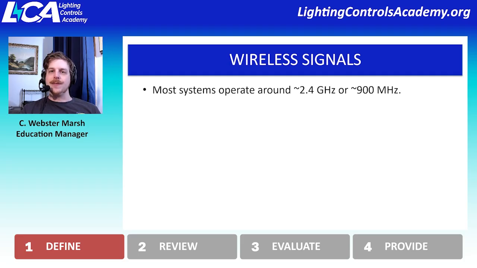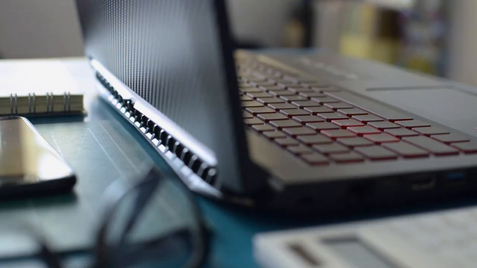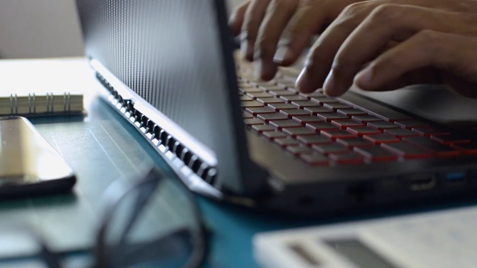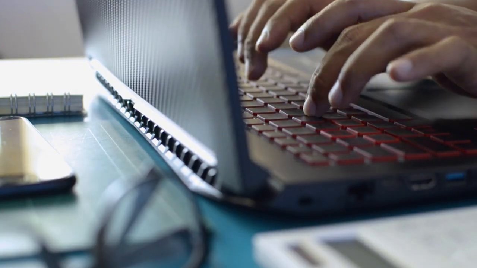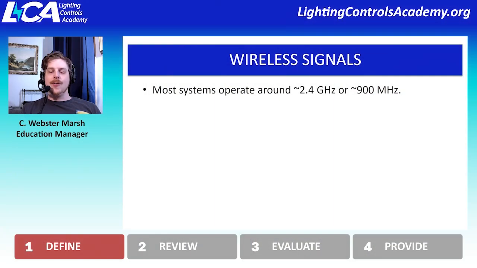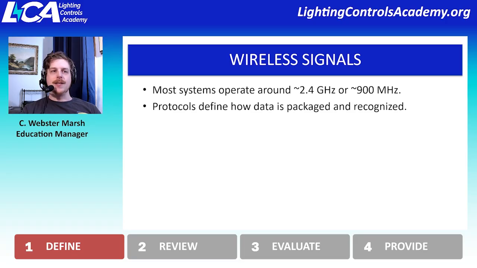A lot of manufacturers vary on exactly which frequency waveband they work on, so it might be worth asking them which waveband they work on, and there are pros and cons to either of these wavebands. 2.4 gigahertz tends to share the same airwaves with Wi-Fi and Bluetooth, and so if you're dealing with a saturated space that has a lot of Wi-Fi already in it, it might actually be better to go to a 900 megahertz frequency, or if you know that the space is actually not as intense for its wireless communication, 2.4 gigahertz might be just fine. It really depends on the application.